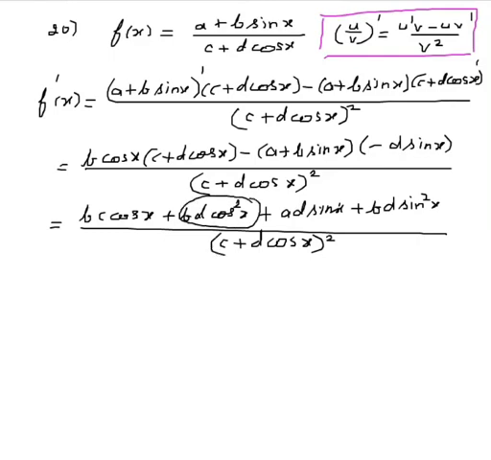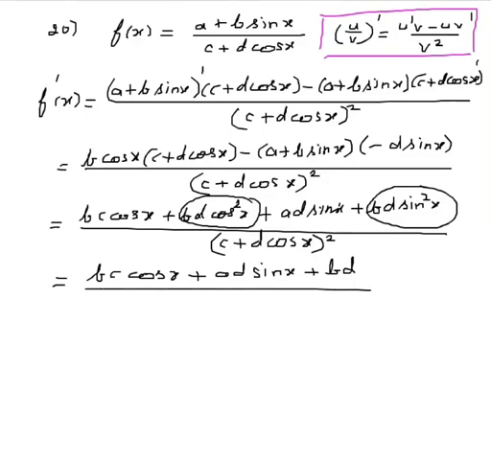Now we can combine these terms. We get bc cos x, and the third term is ad sin x. Let us combine the second and the fourth terms. bd is common, and we get cos square x plus sin square x, which is 1, divided by c plus d cos x the whole square.